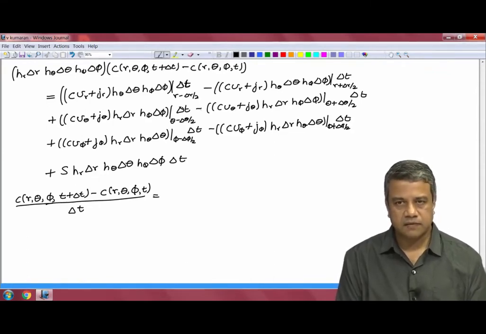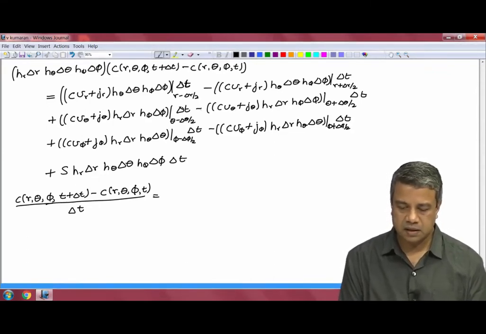On the right side, I divide throughout by delta t, h_r delta r, h_theta delta theta, and h_phi delta phi.